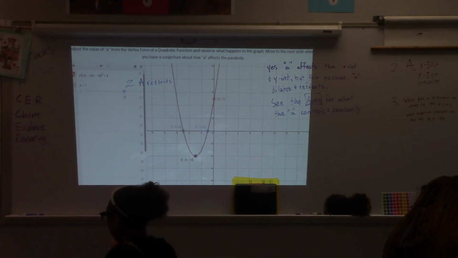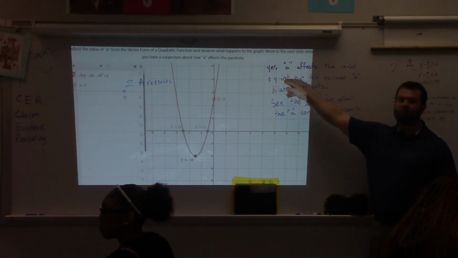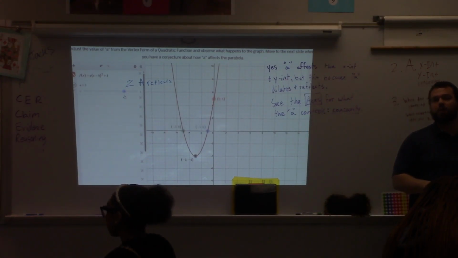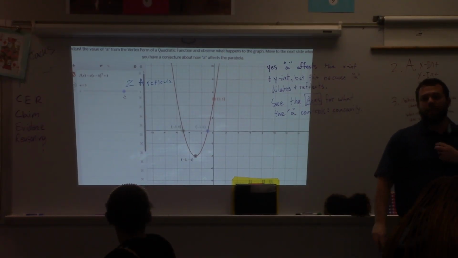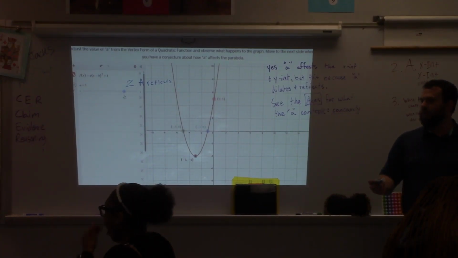Does A still change the x-intercept, right? Right, that's what I said right here. Yes, A affects the x-intercepts and it affects the y-intercepts, but remember what I said was, I can't look at A and automatically know what the x-intercepts are and what the y-intercepts are. That A does not tell me that, okay?